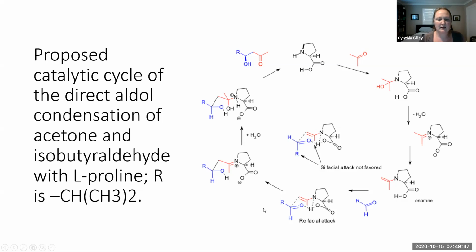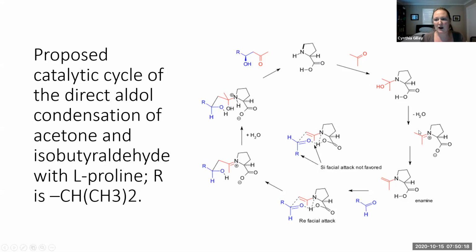So after the nucleophilic attack, where the enamine attacks the carbonyl carbon of the aldehyde, we form this new carbon-carbon bond. This is an iminium ion. With water present, the iminium ion can go back to the ketone and the secondary amine. So it's essentially reversing the process of forming the iminium ion.